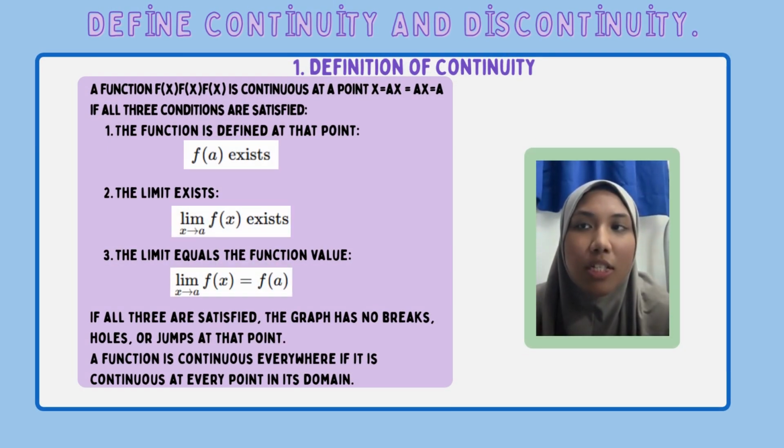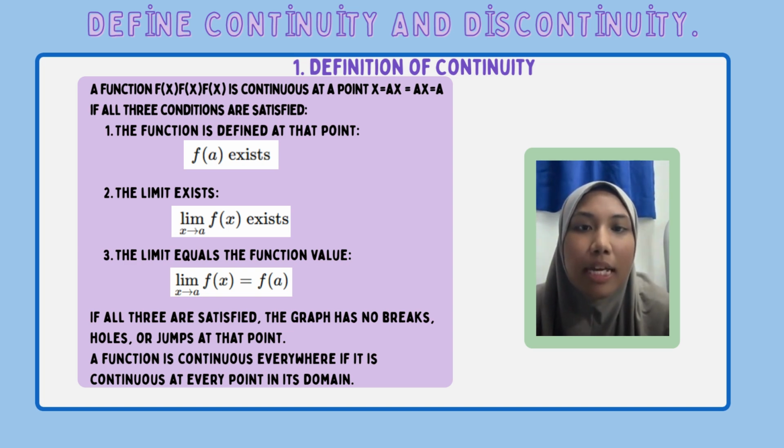First question is define continuity and discontinuity. Continuity. A function f(x) is continuous at a point x equals a if all 3 conditions are satisfied. First, the function is defined at that point, f(a) exists.